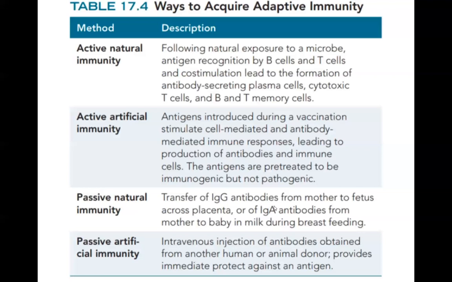But aside from being free, which formula is not, mom can deliver some of her antibodies to baby. And then passive artificial is where like an intravenous injection of antibodies is obtained from another human or an animal donor, which provides protection immediately against that antigen, but they didn't produce their own and it was artificially given to them. So that makes it passive artificial.